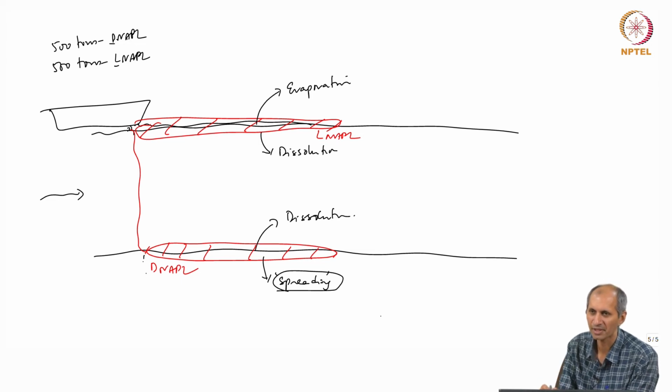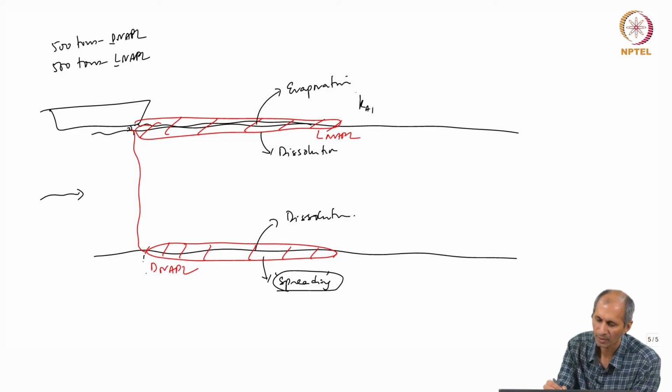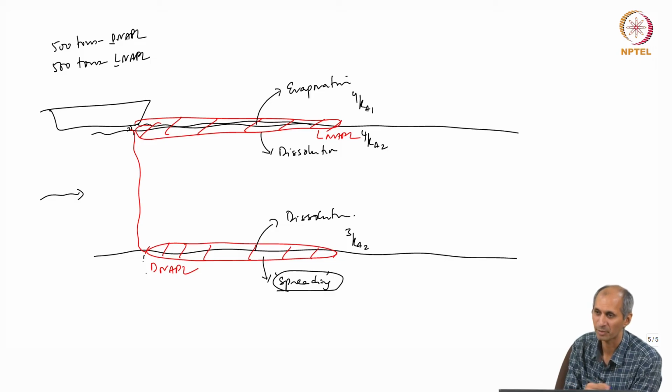So, you have several interfaces at play here. This one is Ka14, this is Ka24, this is Ka23, this is something else. There is no convection on this side, it is a diffusion based process, mostly diffusion inside the sediment.